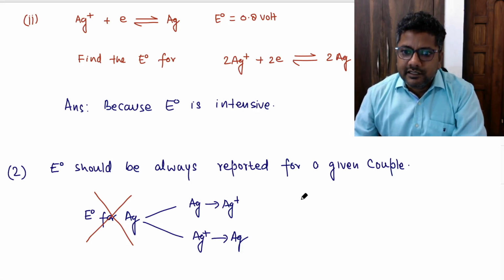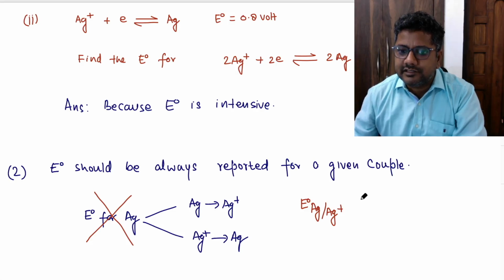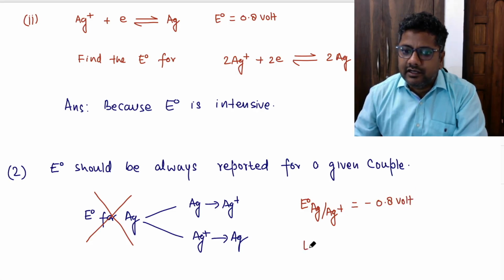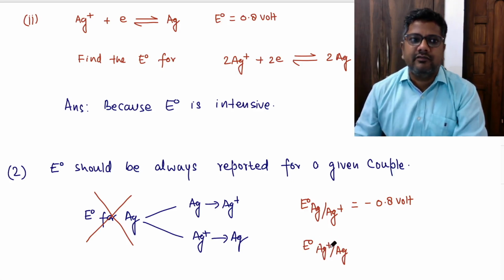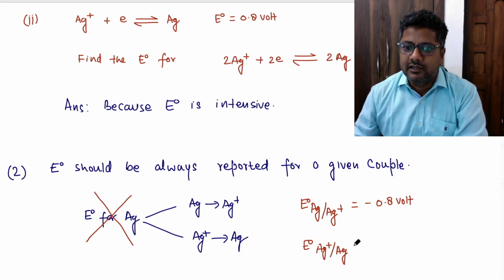See, E naught Ag to Ag plus is equal to minus 0.8 volt, and E naught Ag plus to Ag. So this is the representation of couple. So you have to always express the E naught value in the form of couple. Don't even speak in the wrong way.